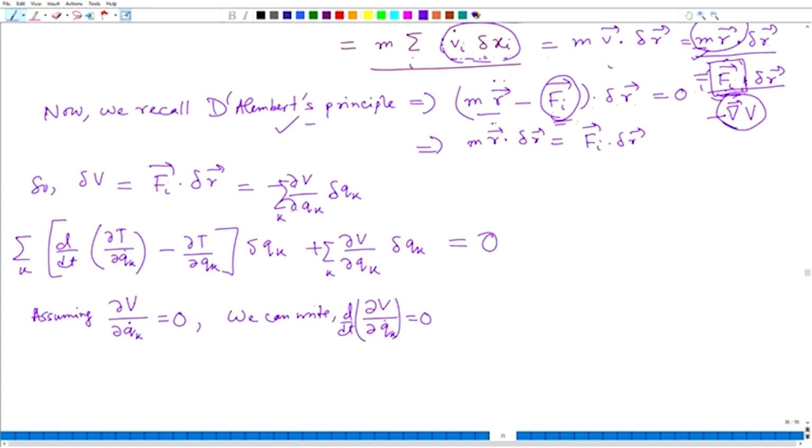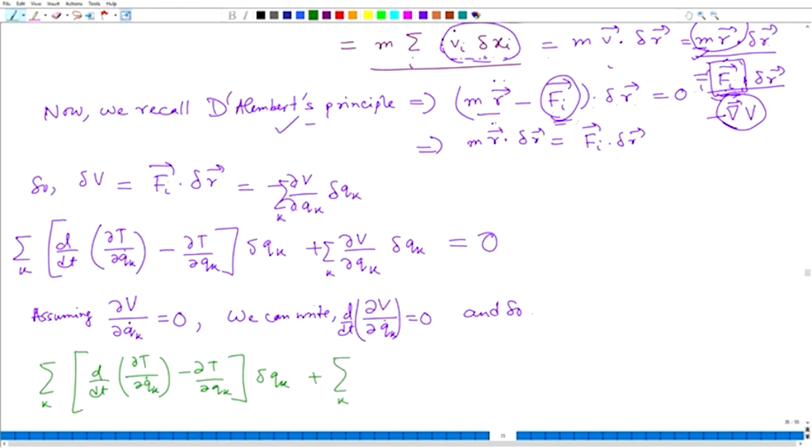So, I take the green color, you have summation over k d/dt of del T del q k dot minus del T del q k delta q k, okay, plus summation over k.